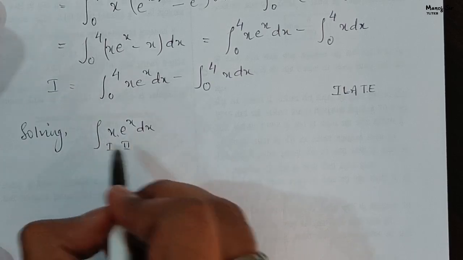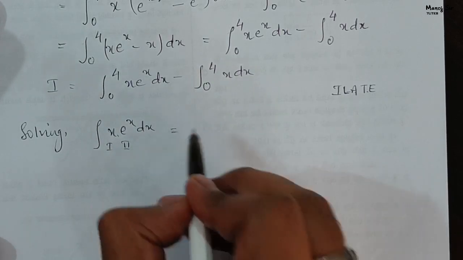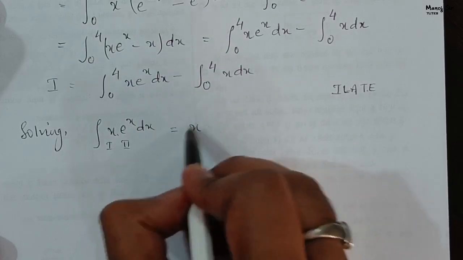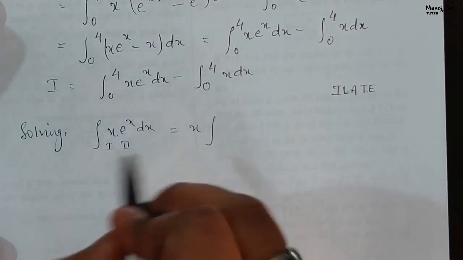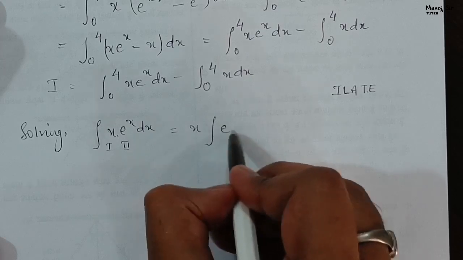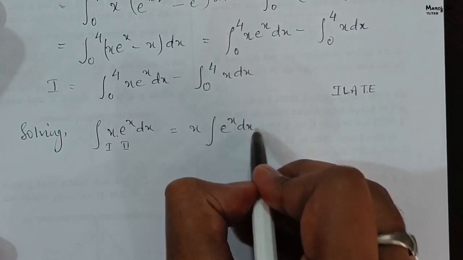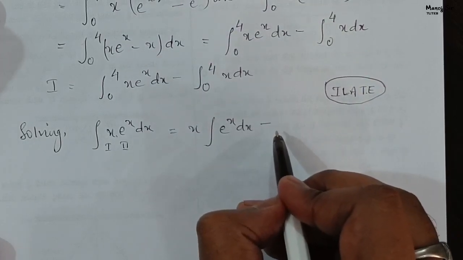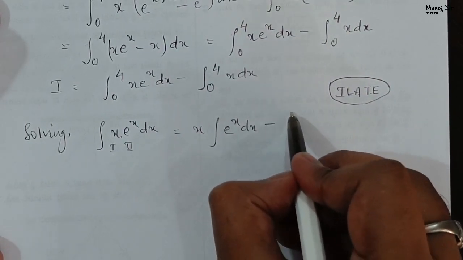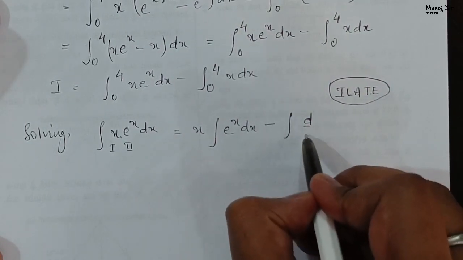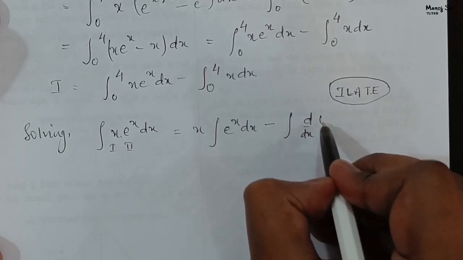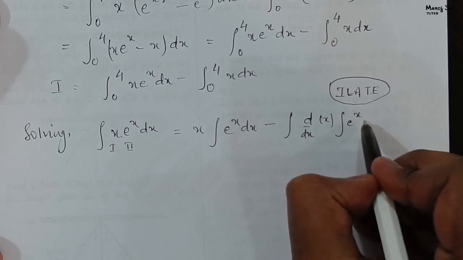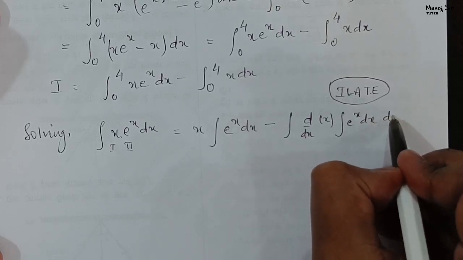So the integral is: the first function, x, into the integral of the second function, e to the power x dx, minus the integral of the differentiation of the first function, x, into the integral of the second function, then dx.